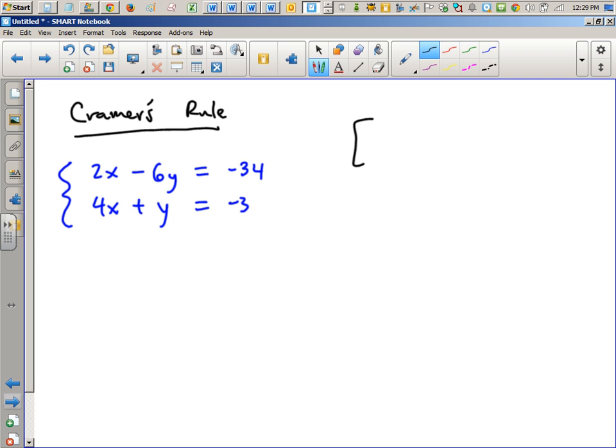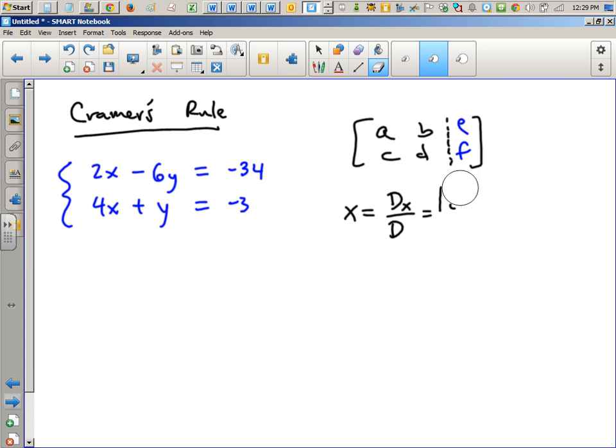Basically, he said that if you have A, B, C, D, and this side says E and F, you can actually find X by dividing D sub X over D. Now, D sub X is just the determinant E, F, B, D, sorry, I wrote that wrong. And capital D is just the determinant A, B, C, D.